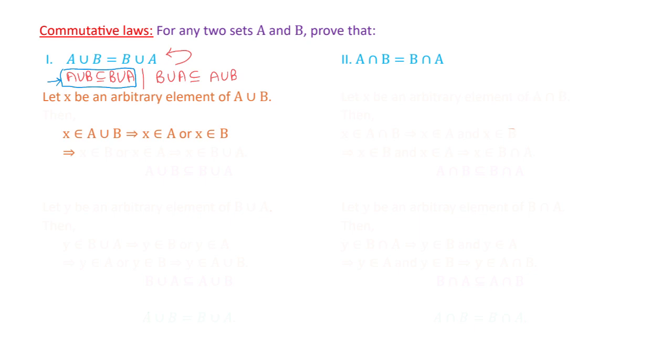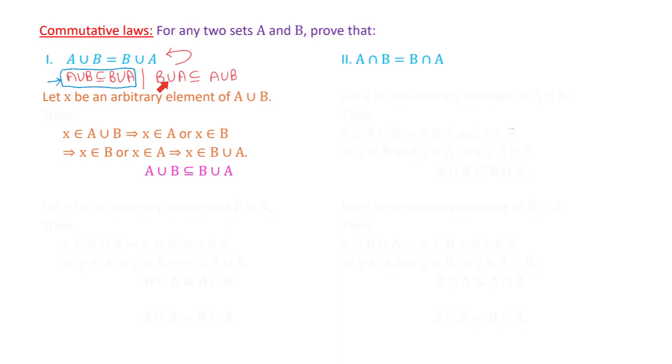This means X belongs to B or X belongs to A, and by the definition of union, X belongs to B union A. So we have proved that every element of A union B is an element of B union A. It means that A union B is a subset of B union A.